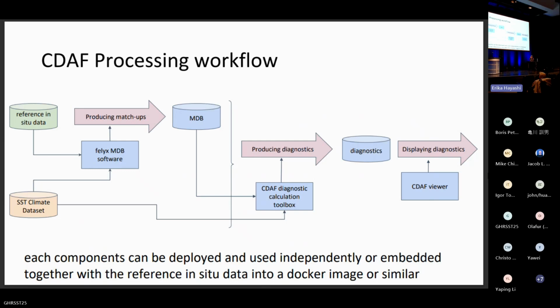The MMD then goes into something that takes the matchup database and produces the diagnostic values, which then go into some reporting that will finally go into the output of the process. Each process in this can be deployed and used independently or linked together. And as I say, our initial idea is that at least the generation of the diagnostics should be able to be run by the climate data producer themselves.